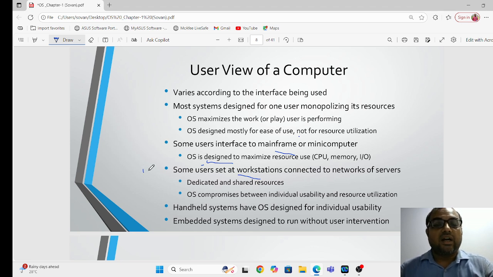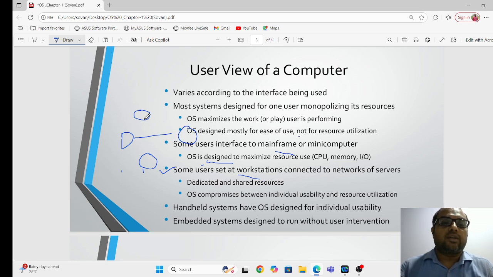That's why the distributed computer system was developed. In a distributed system, n number of CPUs are interconnected in one network. Suppose this is one CPU, this is another CPU, these are the systems.